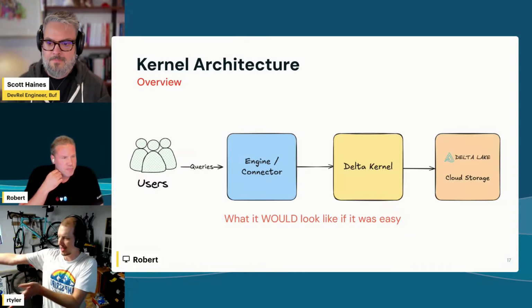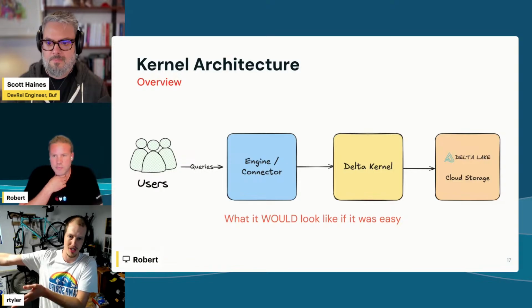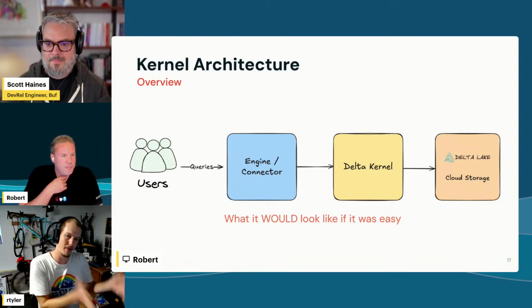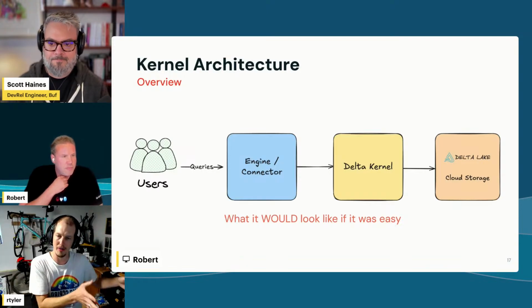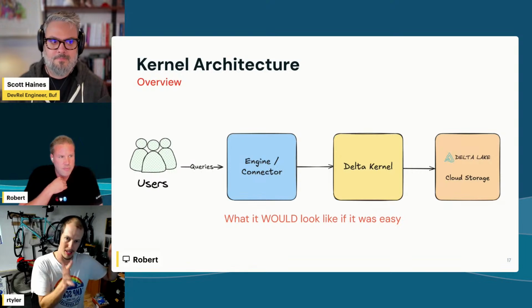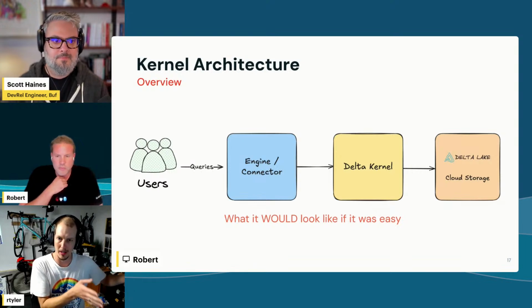Because we have everything that query processing and engines have been doing for the last 40, 50 years, we can apply a lot of those learnings now that we see, oh, this problem is like that problem. We can now take a lot of the known best practices and bring them forward into kernel to make things better.